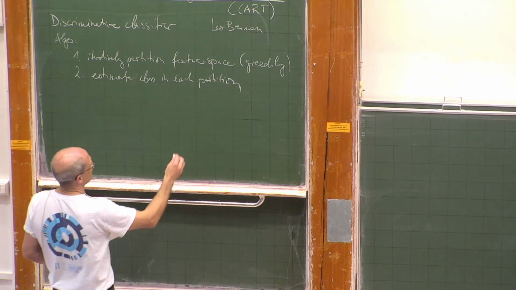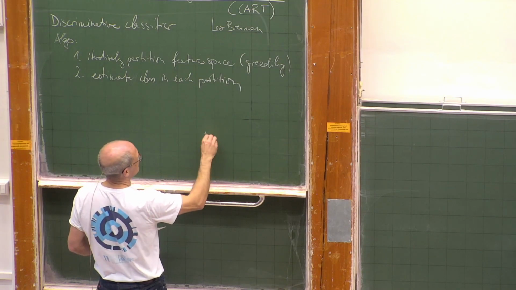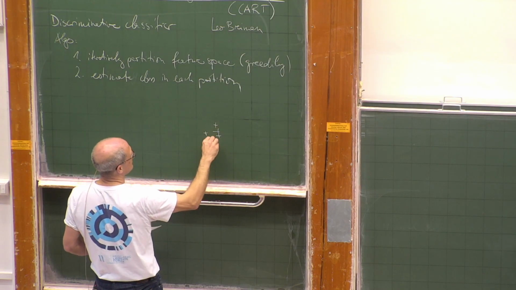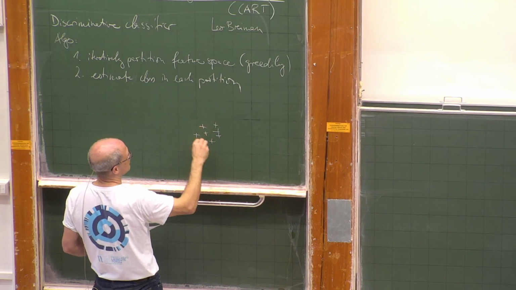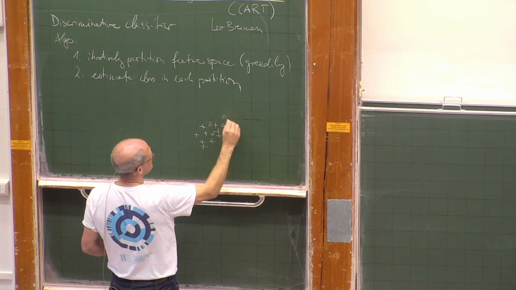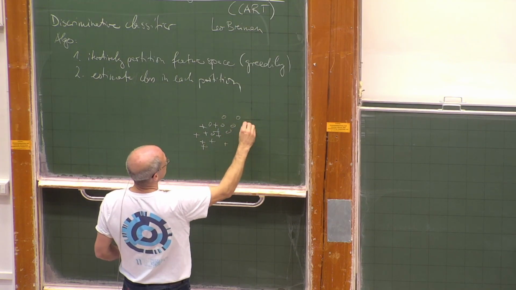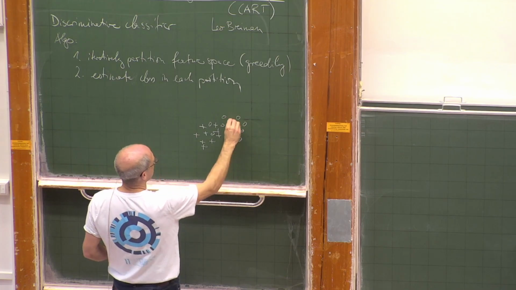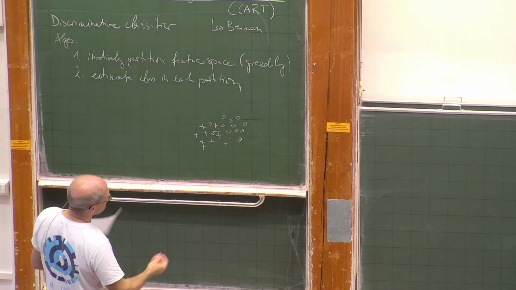And ideally, I would have liked to now copy the same data set I had on the blackboard before. So we have here a 2D feature space. It's much easier for me to use numerical features here.